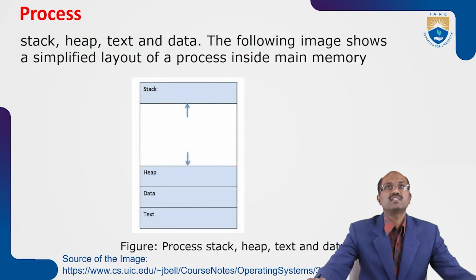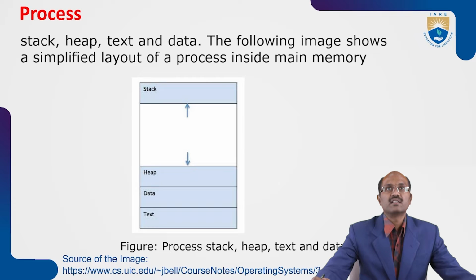Next, this is the image of how the process structure looks in this slide: the stack section, heap section, text and data. The following image shows a simplified layout of a process inside the main memory. This is the figure: process, stack, heap, text and data.